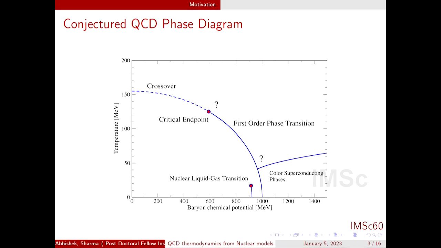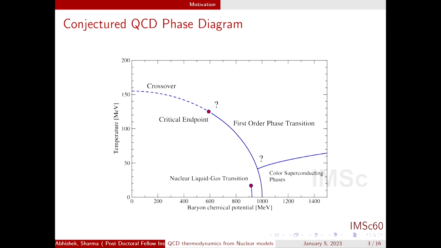In such a scenario, where it is difficult to make calculations from first principles, we use what are known as hadronic models. These hadronic models are basically some Lagrangians in which the degrees of freedom are the hadrons, the baryons and the mesons.